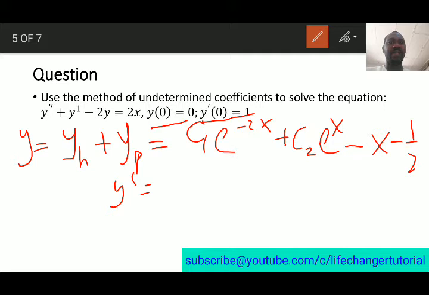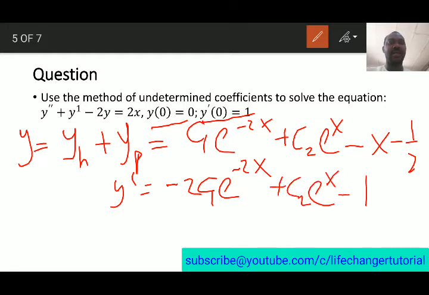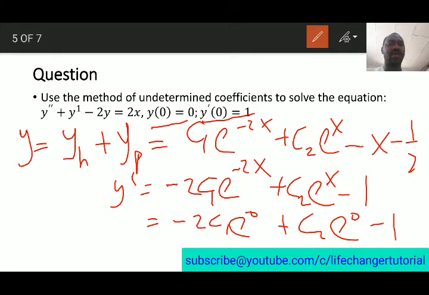This is going to give us minus 2c1 exponential minus 2x, plus c2 exponential x. Differentiating minus x is minus 1, and differentiating half is 0. Now if we substitute x to be 0 here, it's going to be minus 2c1 exponential 0, plus c2 exponential 0, then minus 1. Remember, equal to 1 because we are given that y prime 0 is 1.